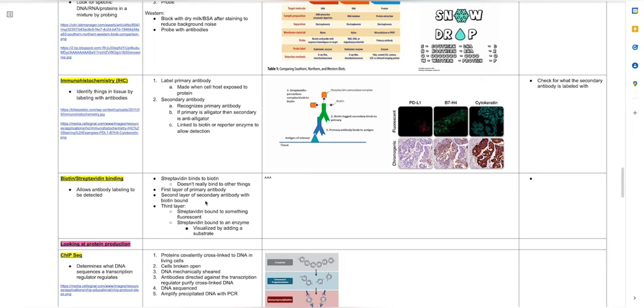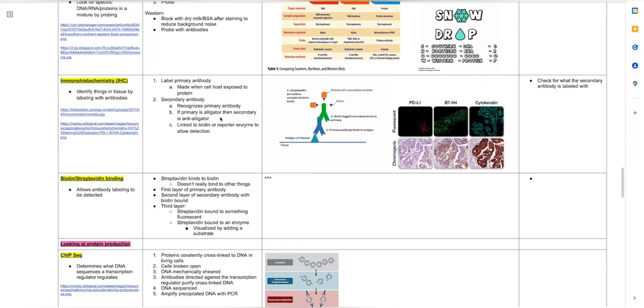Then you label your primary antibody with your secondary antibody. This secondary antibody is anti your first antibody. So if your primary antibody was an alligator antibody, then your secondary antibody is an anti-alligator antibody, and you're always going to see it like this.